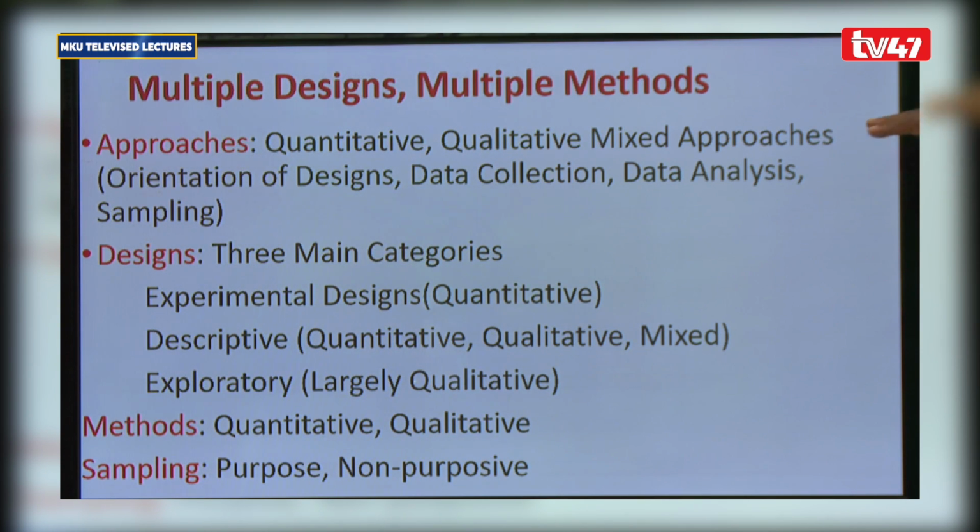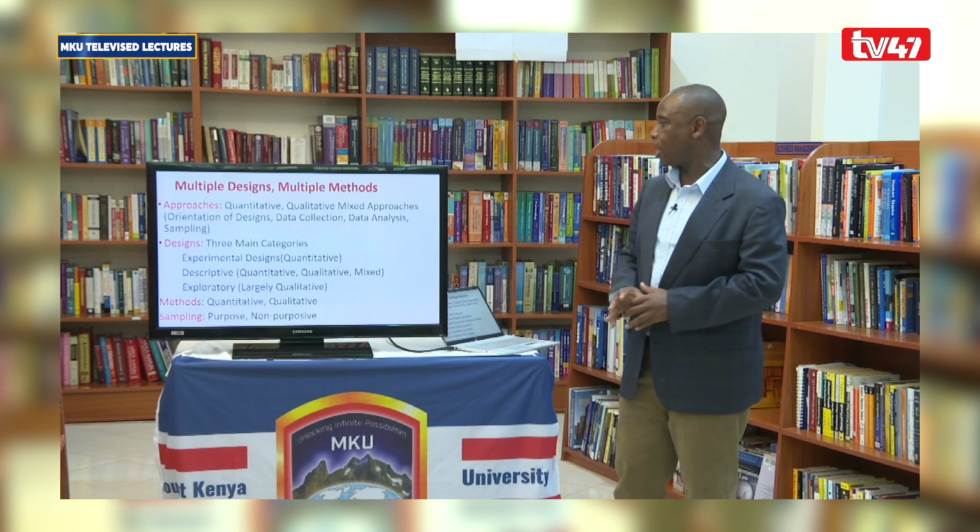In our previous lessons, we looked at different approaches: quantitative methods in which you count the data, where data is numerical; qualitative, in the sense that you are interested in the quality of things, qualitative information; or mixed approaches. And how do we fit this now into different research designs?